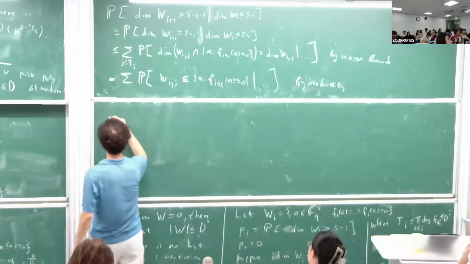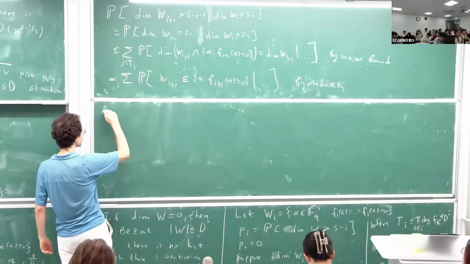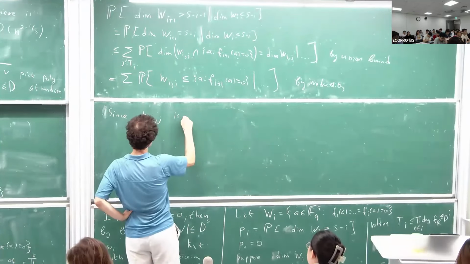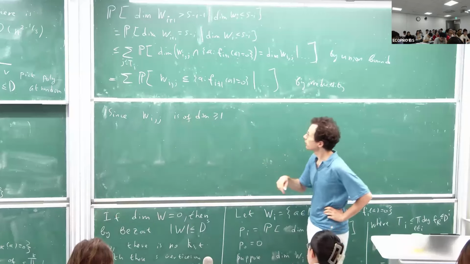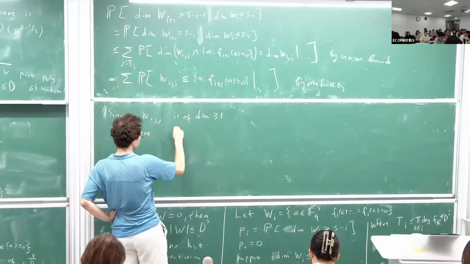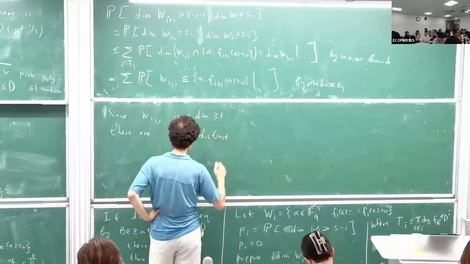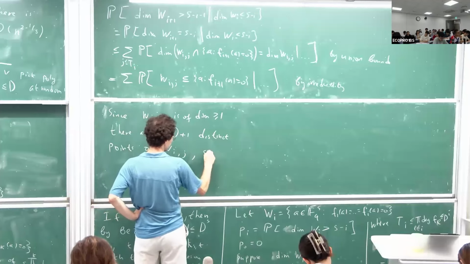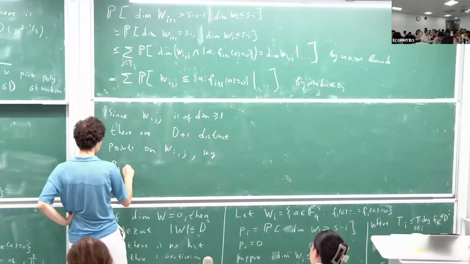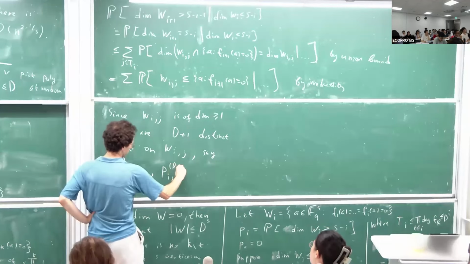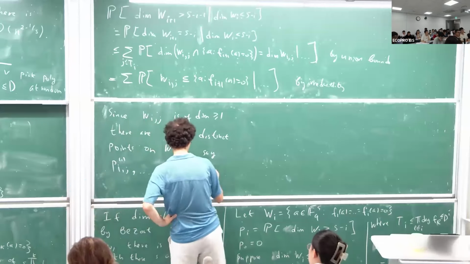So since W_{ij} contains many points, since W_{ij} is of dimension of this one, there are T plus 1 distinct points of W_{ij}, say P_{ij1} through P_{ij,T+1}. Okay, so a bunch of points.